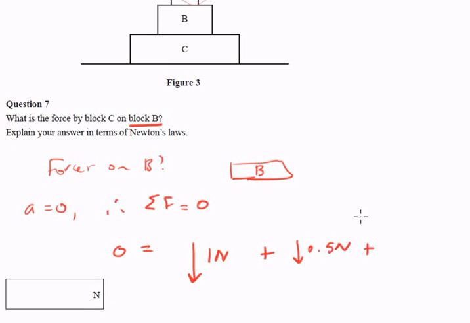Are there any other forces on B? Well, C is holding B up. C is providing an upwards force. We don't know what that is yet, but we do know the total force equals 0. If we've got 1.5 down, therefore the upwards force must be 1.5 upwards.